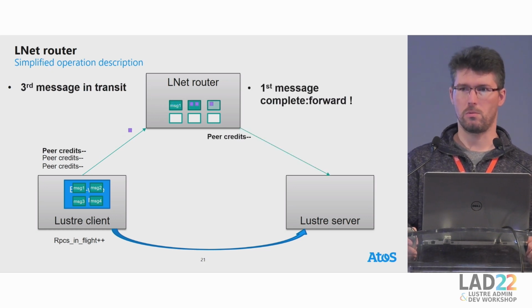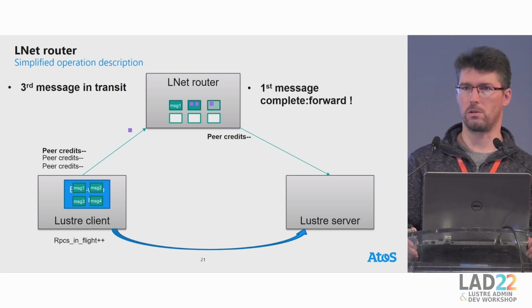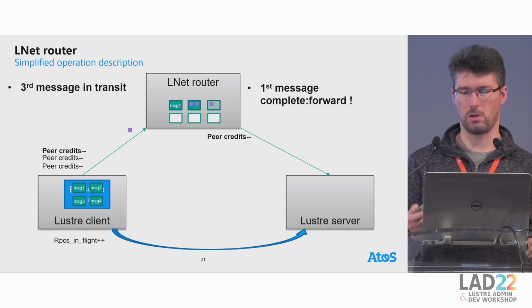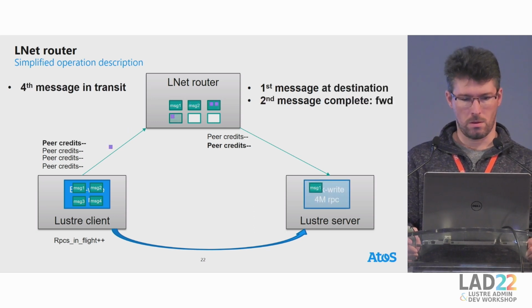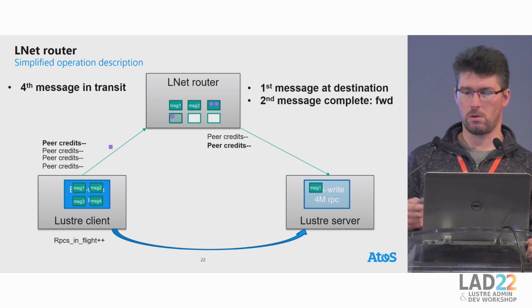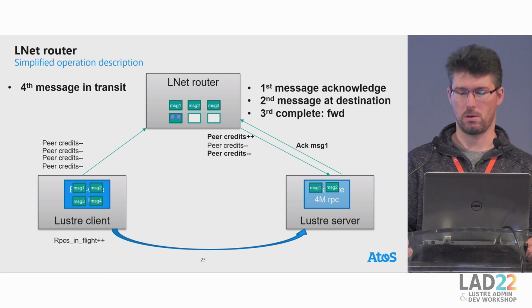Once you get a buffer which is complete, or one message, I would say, the router is then able to forward it to the Lustre server, and using the same mechanism, it will send it to the Lustre server. So on its side, it will again decrement the peer credits, which is between the router and the server. The same mechanism goes on and on for the different messages until you get one message complete on the server.